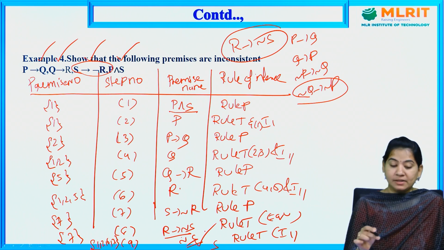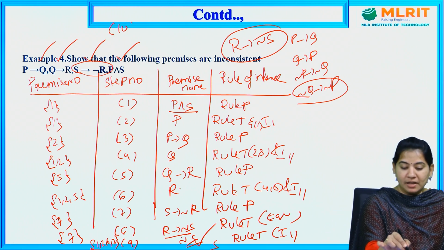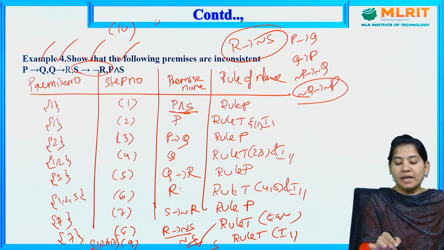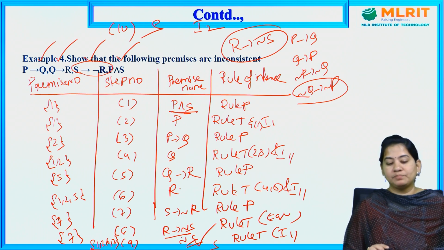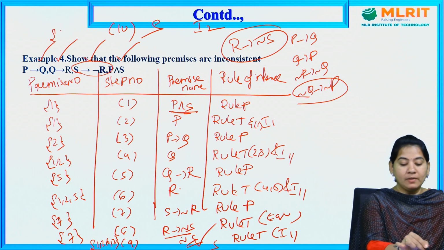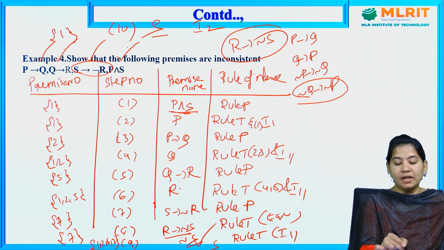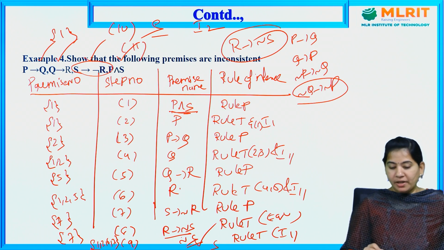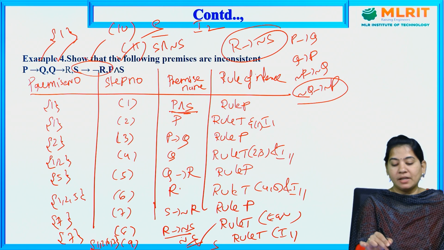Now in the next step, step number is 10. From the P and S, I can also write it as S by applying the I2 formula. So this premises number I will get is 1. For the 1, I am writing here S. And next we can write it as, by including S and negation S, I will write S and negation S, so by applying the formula I9.